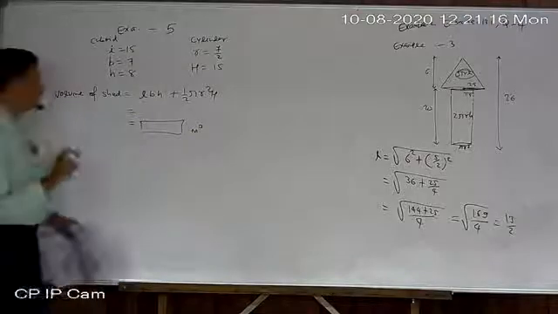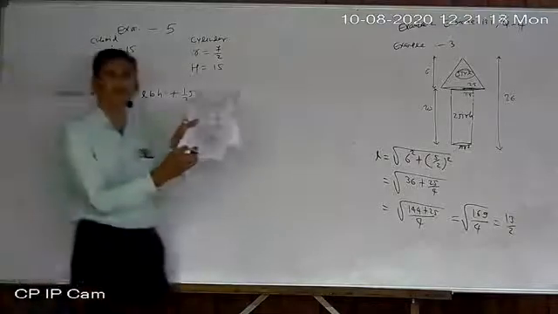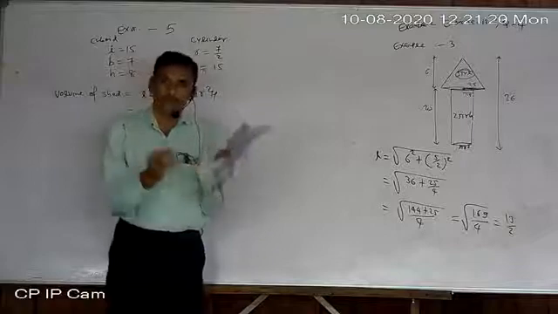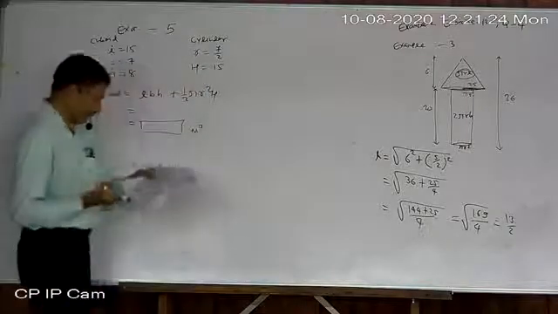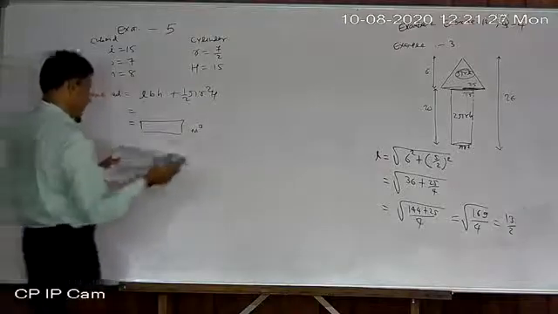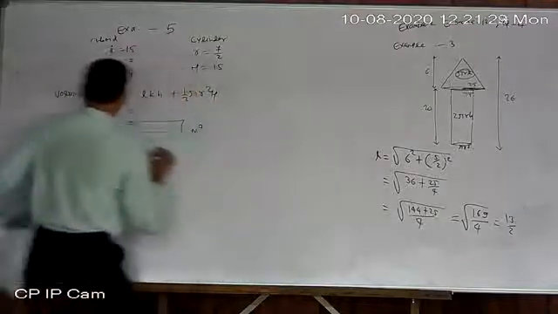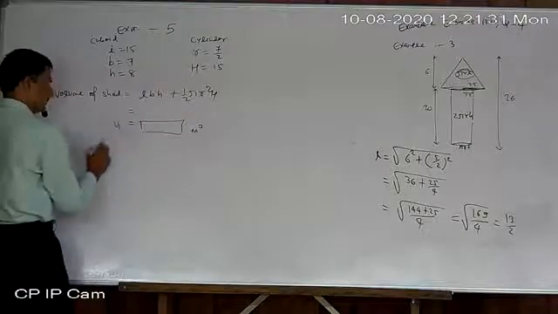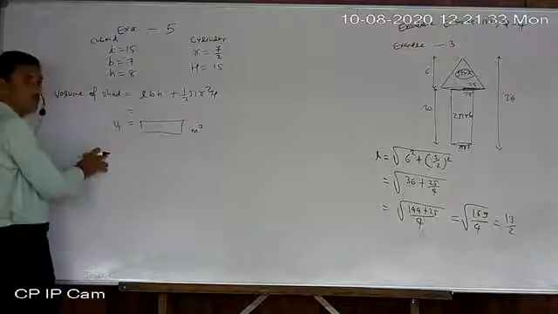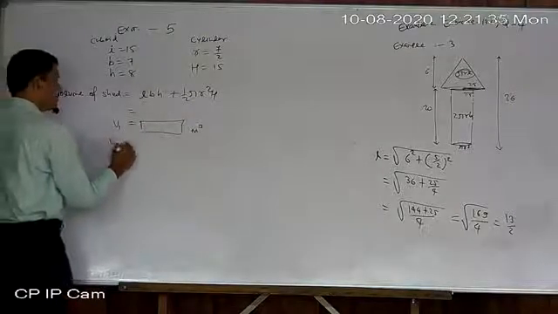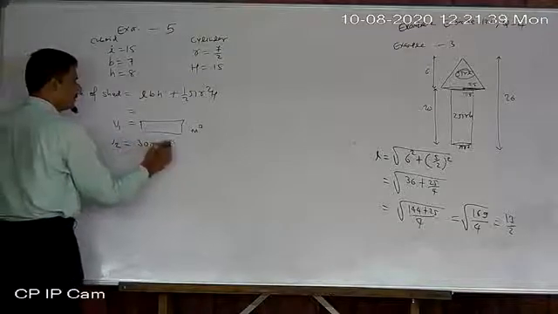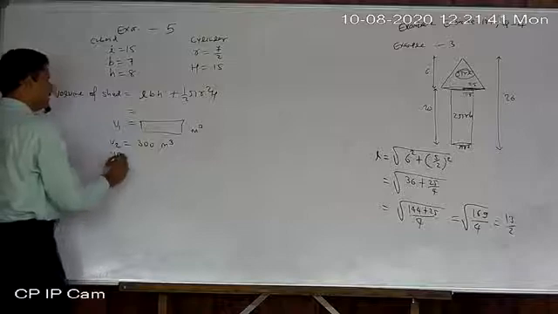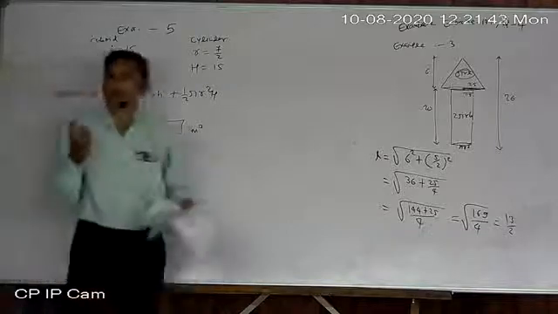Now there is something else given in the last two lines. Volume occupied by machinery is 300 meter cube. Suppose this is V1, meaning the whole volume of the shed. Now V2 is of the machinery, so it is 300 meter cube. And another volume: volume occupied by persons.